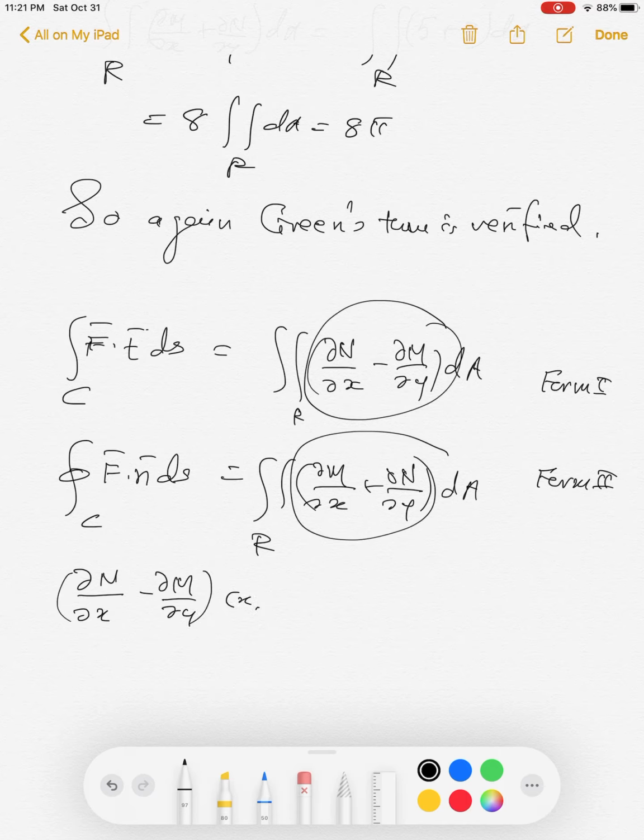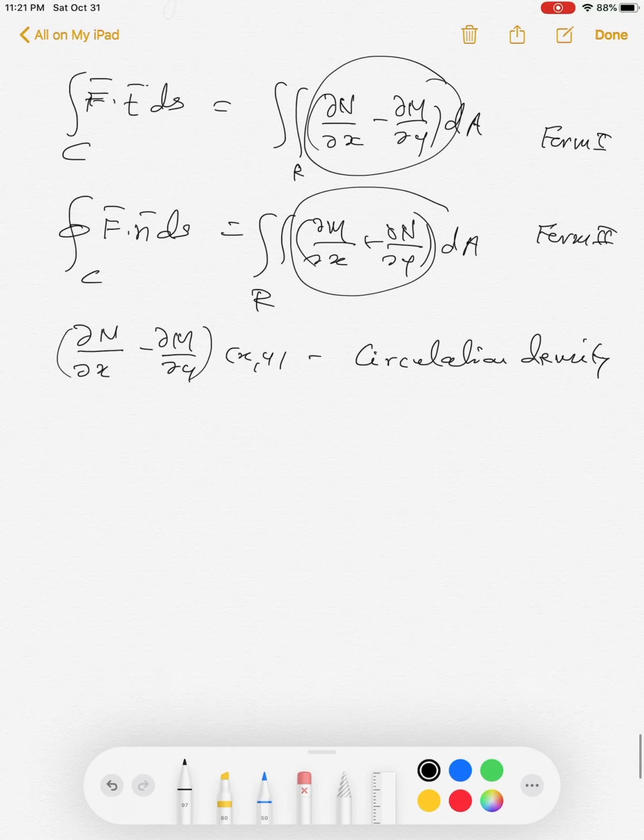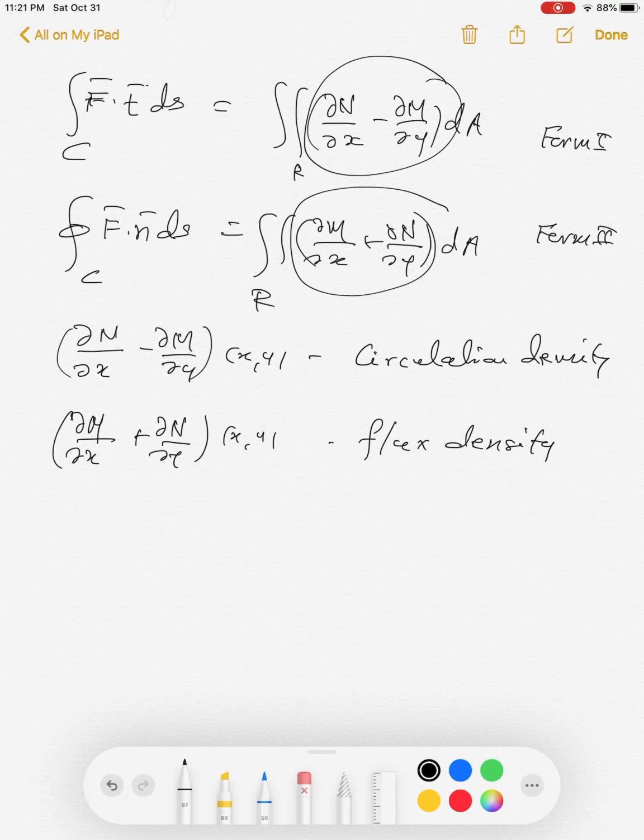So these quantities have a meaning. dN/dx minus dM/dy at the point (x, y), as I told you, is the circulation density, and we will see next time that this quantity dM/dx plus dN/dy at (x, y) is called the flux density.